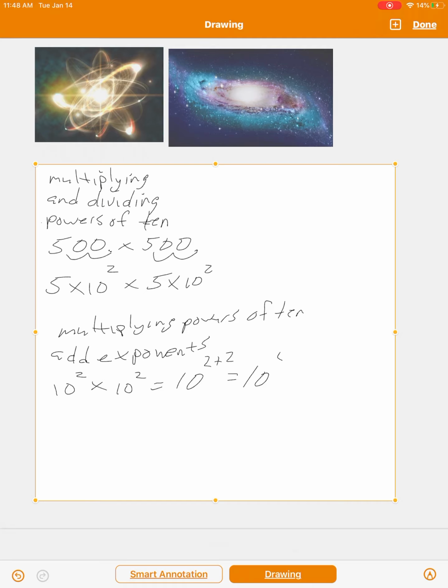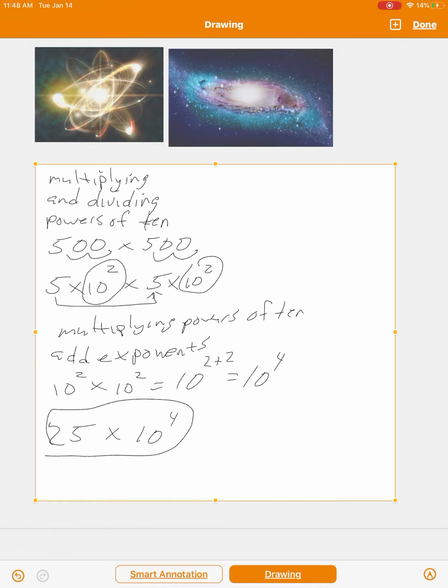So that's 10 to the 4, right? So now what you can do in this particular problem is pick and choose again. I'm just going to multiply 5 times 5. So that's 25. And then I'm going to take note that 10 to the 2 times 10 to the 2 is 2 plus 2, 10 to the 4. And I've got my answer here, 25 times 10 to the 4. And that's in exponential notation, and that's the correct answer. That's actually the same answer, 250,000, that we got using the previous method.